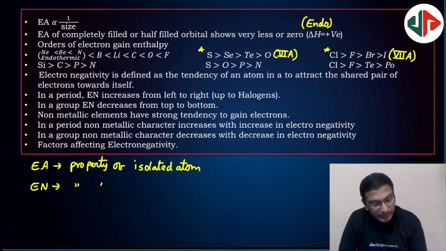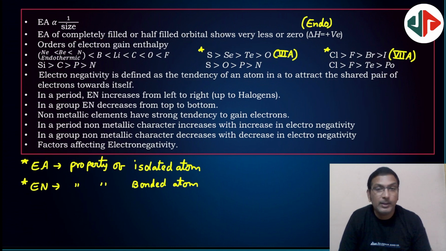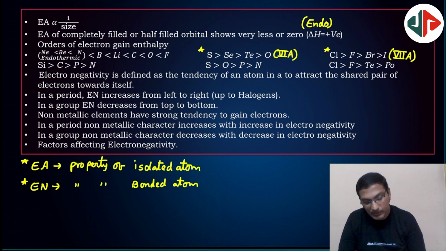Electronegativity is the property of a bonded atom. Very important. In case of chemical bonds only, we can study electronegativity. That is the power of an atom to attract the shared pair or bond pair of electrons towards itself.